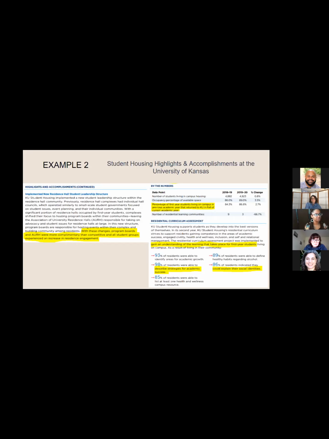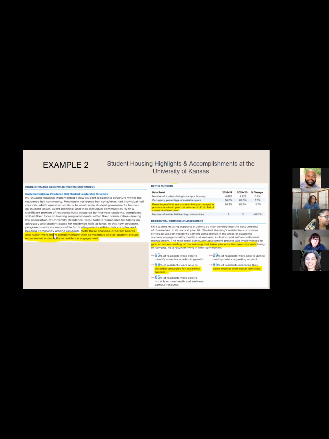They don't have just one program; they triangulated using multiple sources. They had a lot to say, and they had to do it quickly because they don't give us a lot of words on these impact reports. The first report here gives a narration of how their new student leadership structure decreased competitiveness and increased engagement.